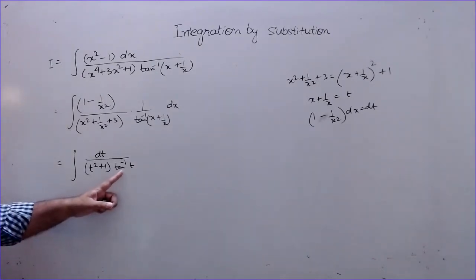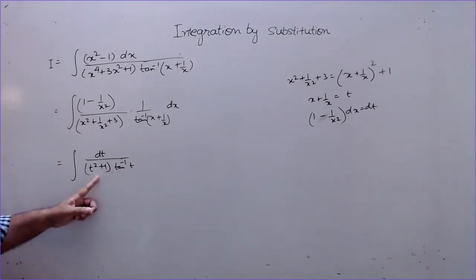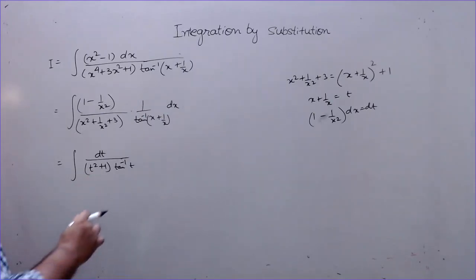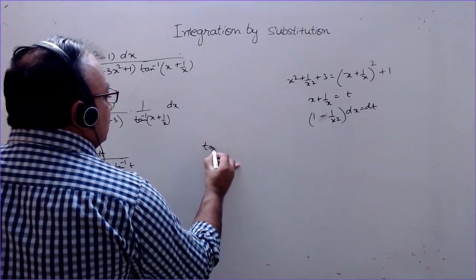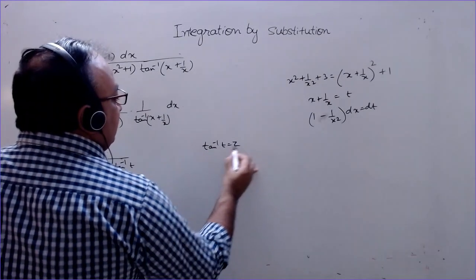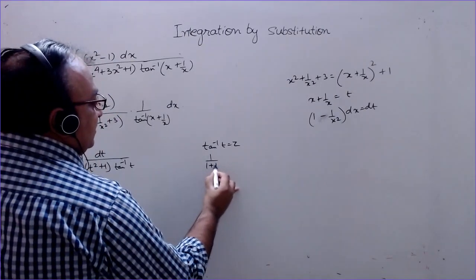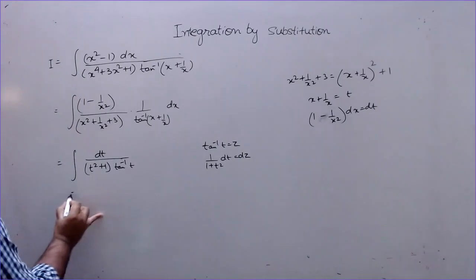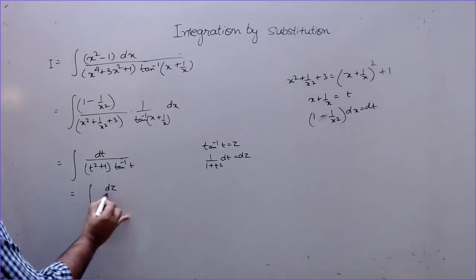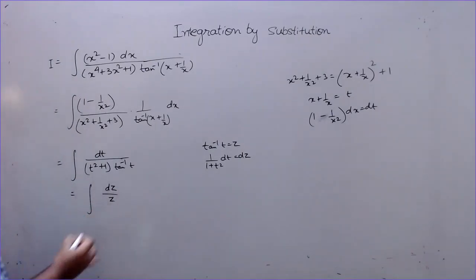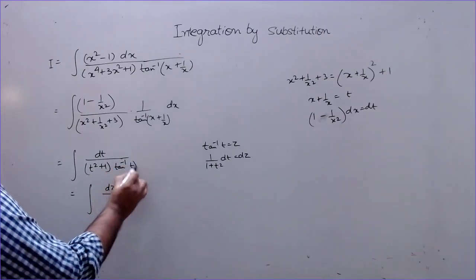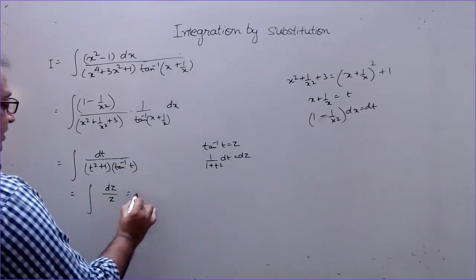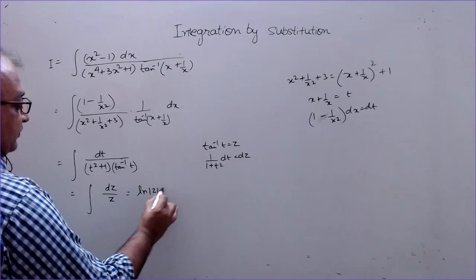The derivative of f(x), tan inverse t, is 1 over 1 plus t square. So I will substitute again tan inverse t is equal to z. So 1 over 1 plus t square dt is dz. So this is dz over z. The answer is log of magnitude of z plus c.